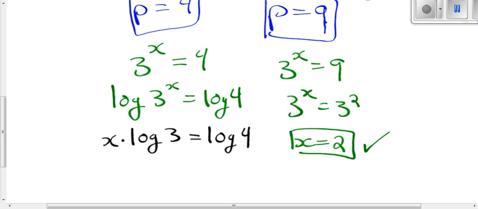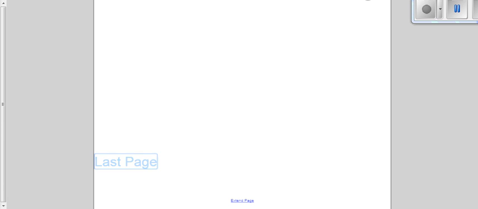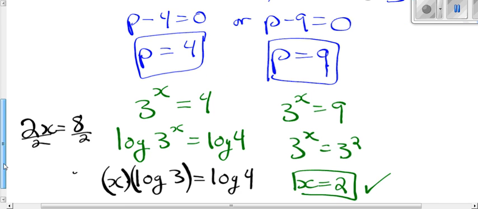And then you see these as multiplied. So this is where we use our general idea: if I had 2x equals 8, I could divide both sides by 2, and then I get x equals 8 over 2. It's the same idea with what we're doing here.